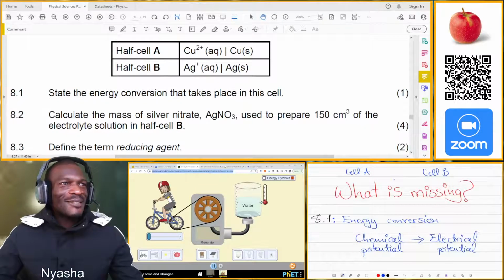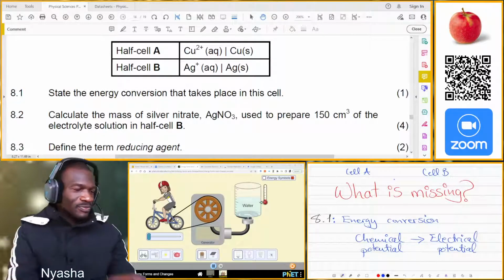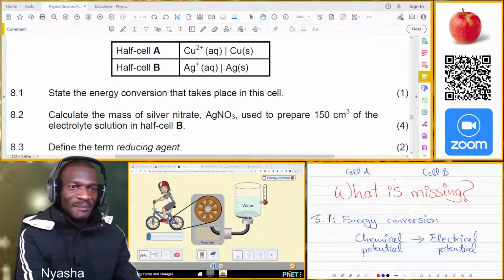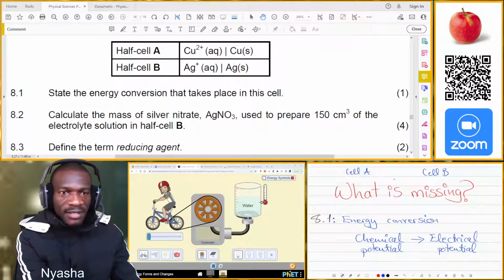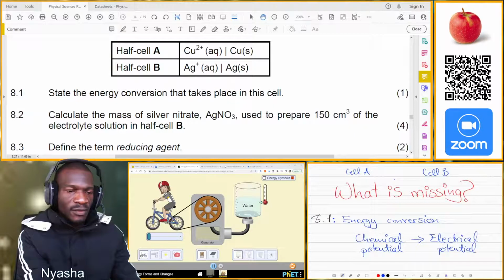Just check this one out. I'll copy this link and share it with you. So check out these examples of energy conversion, this example of an energy conversion chain.